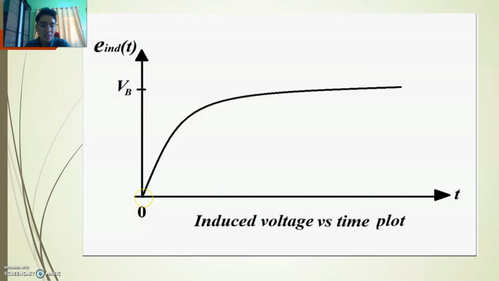As time progresses, the induced voltage starts to increase and gradually reaches its maximum value, equal to the battery supply voltage, which is V_ss BL. So the maximum value of the induced voltage is V_B equal to V_ss BL. This is the steady state induced voltage.